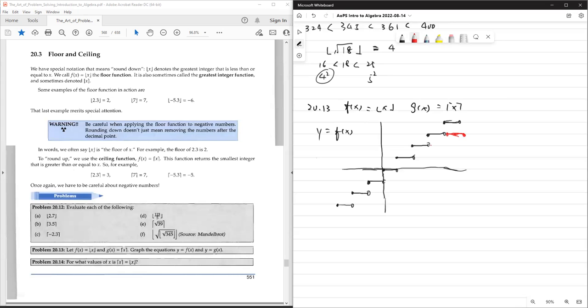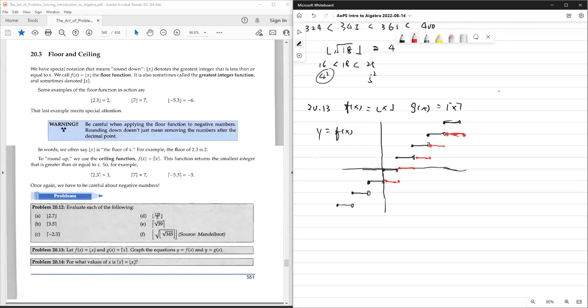So if it's between this, it's closed on this end, it's open on this end. This is the ceiling function. Open on this end.